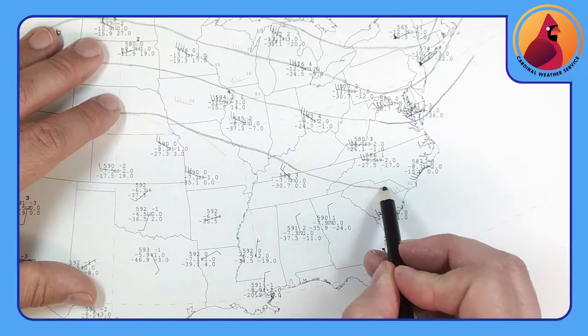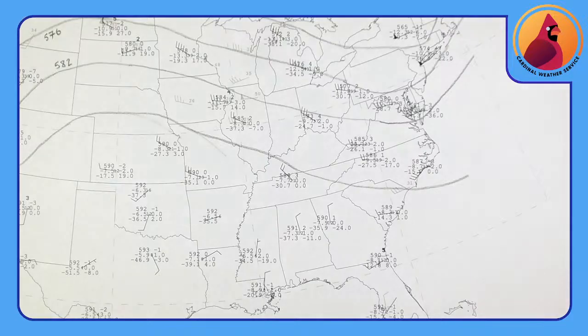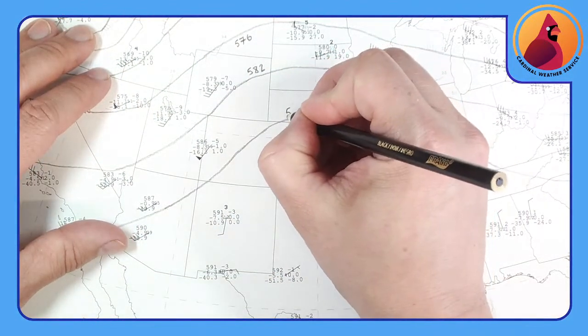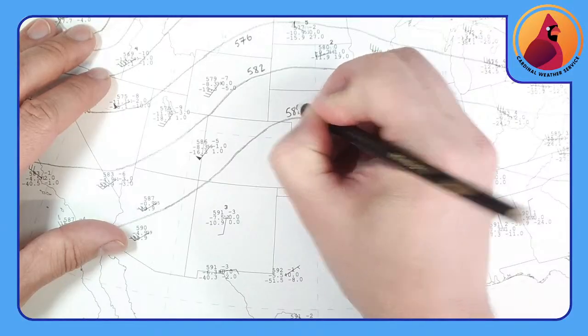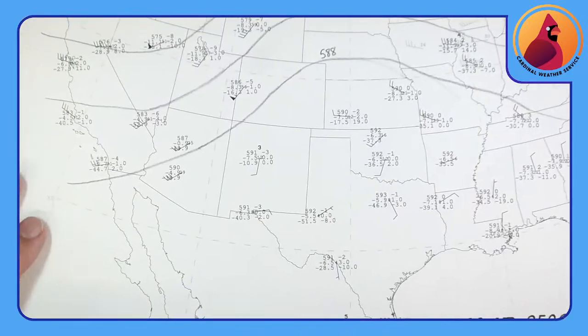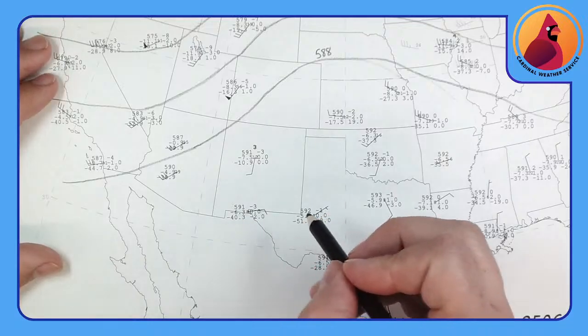So we'll just do something like that. I'll use this space for the label. And then next contour, 594.